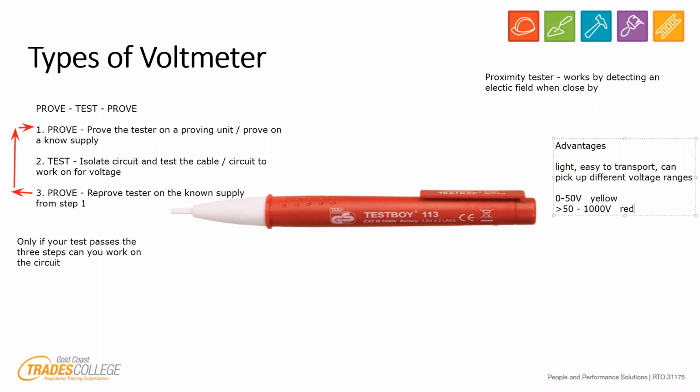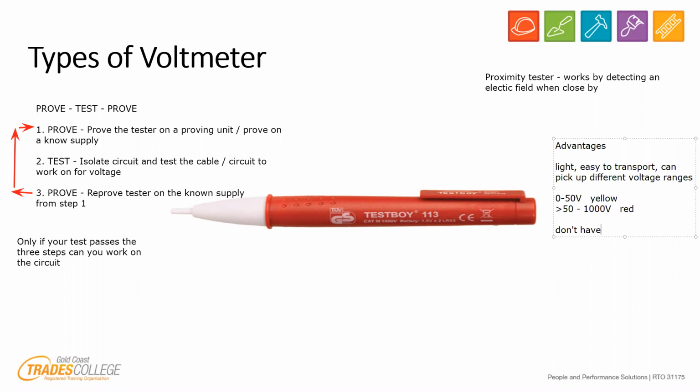All right, so for you guys who are working with single and 3-phase, your 230 and 400 volts, obviously you're going to have a red indication there. Another major advantage of that is, remember that voltage is the difference from one place to the other. Now this isn't how this particular tester works. This is picking up the field when it's close by.